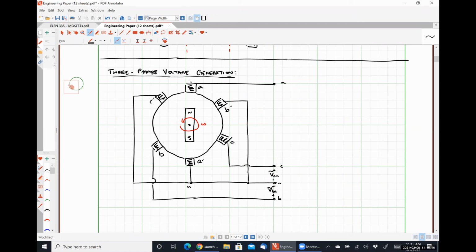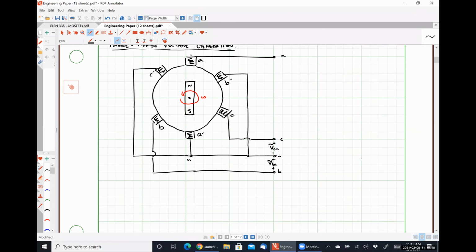So as this guy spins, what we should observe as a function of time, let's see, I'll do A in black. So it's going to start from its maximum value.